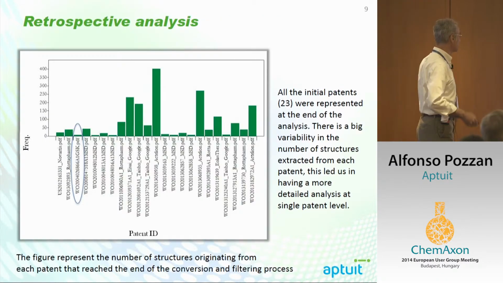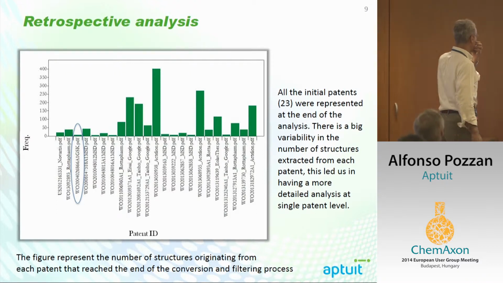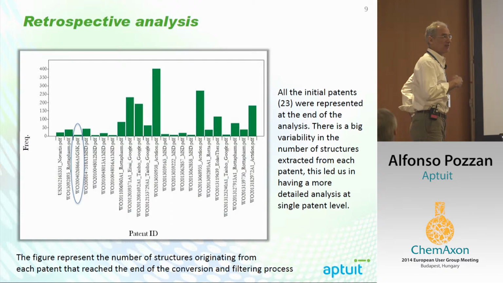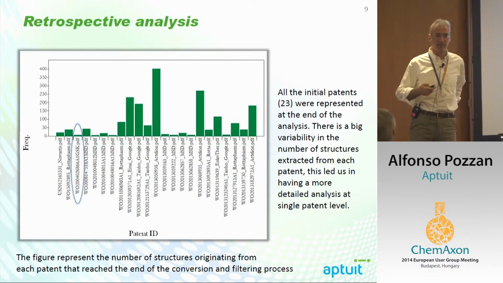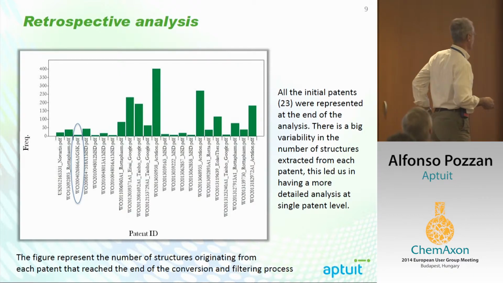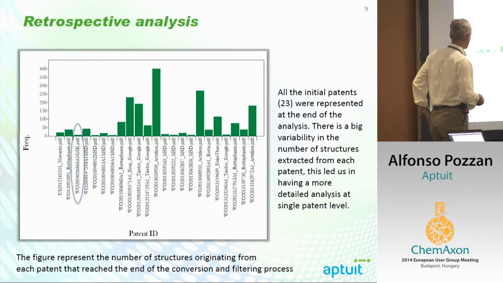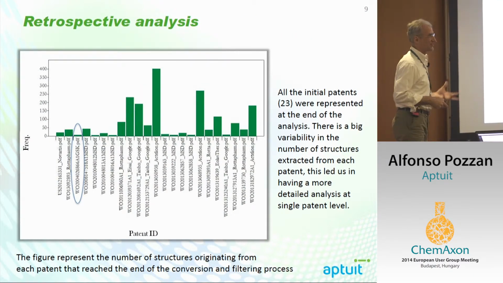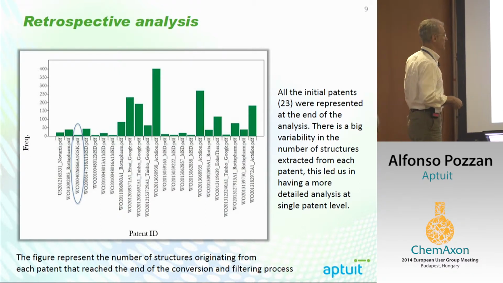And so we did a little bit of retrospective analysis, and we went and looked at all the structures that were at the end of the process for each patent. And we saw that for some patents we extract an awful amount of relevant structures, and for some we extract fewer structures.